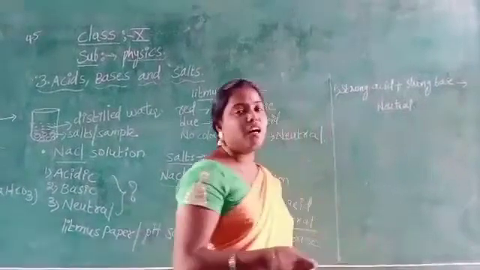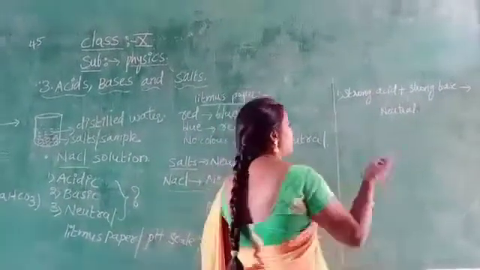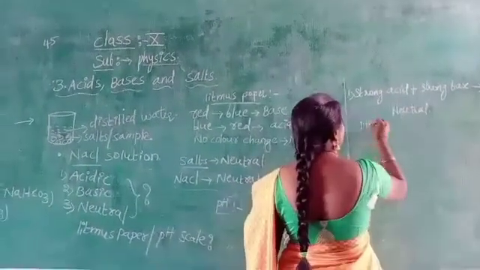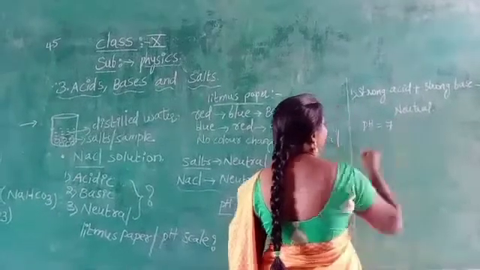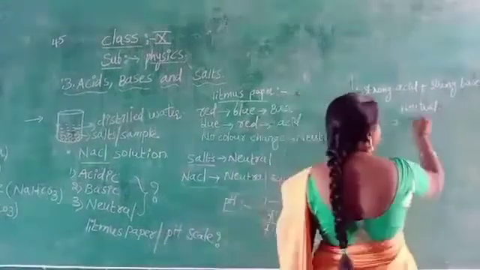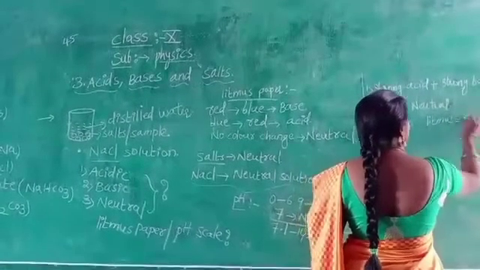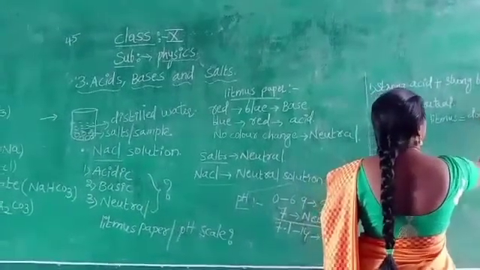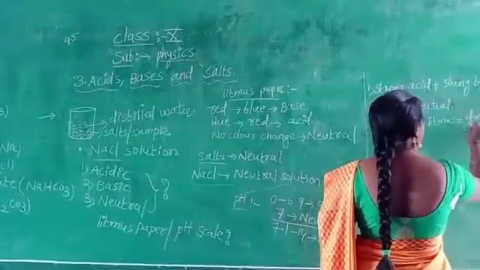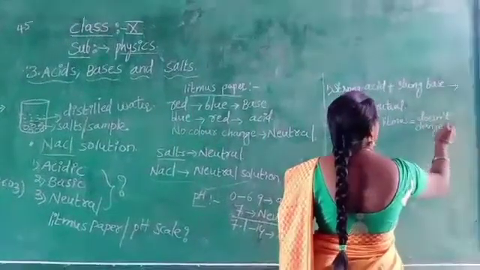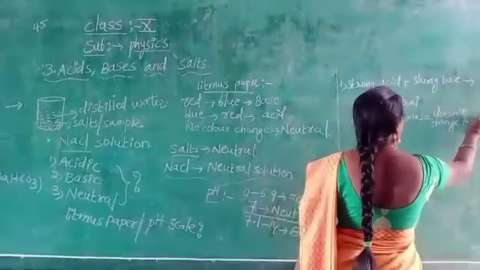What is the pH value of a neutral solution? It is exactly 7. Then litmus paper does not change its color.